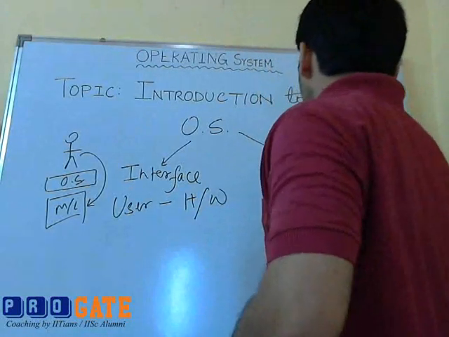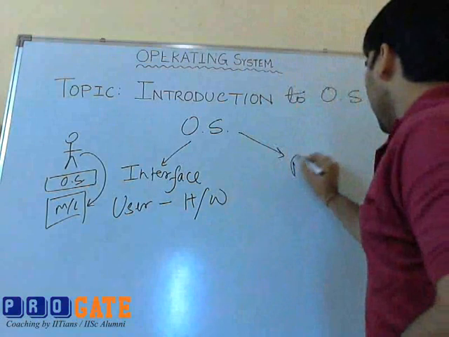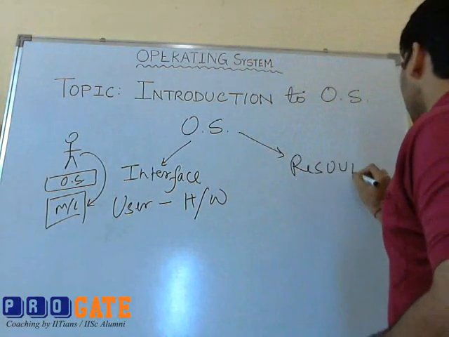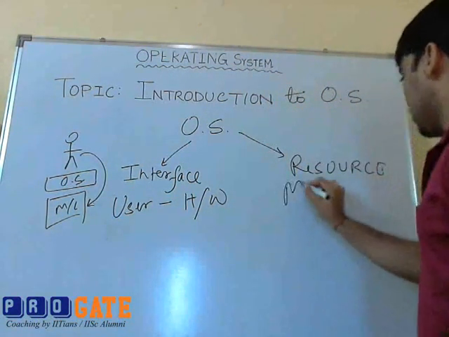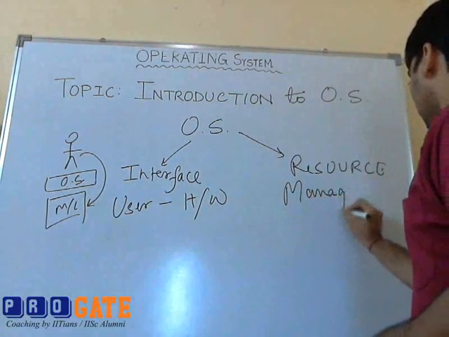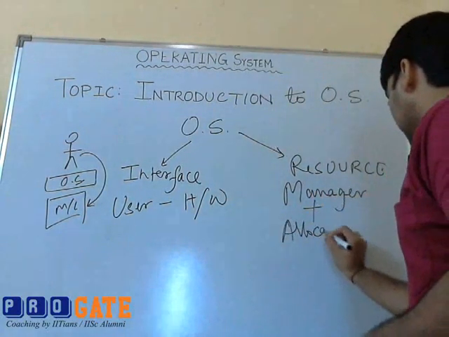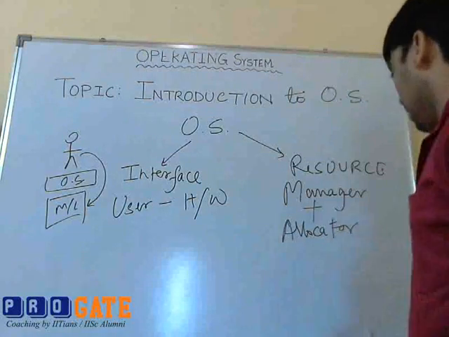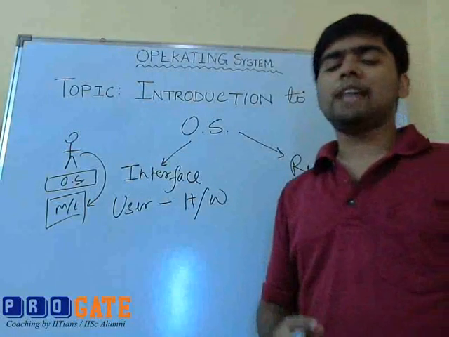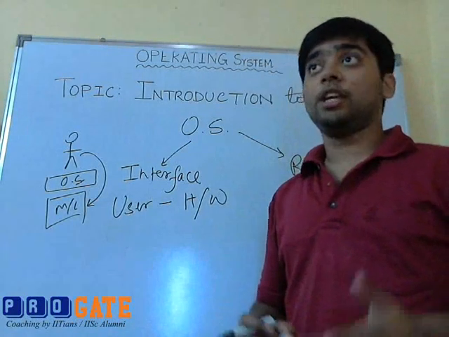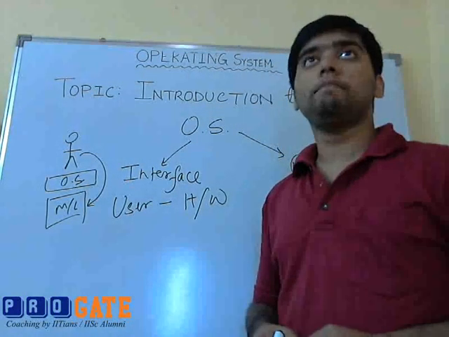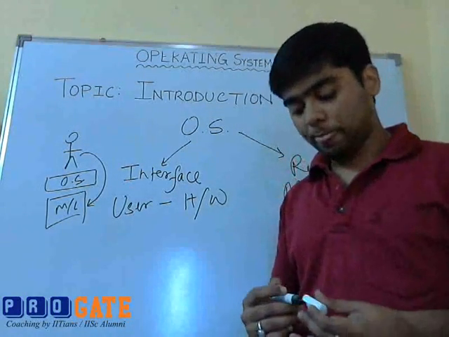Now, the other school of thought says that an operating system is a resource manager and allocator. You see, the computer has a number of resources, like you have the CPU cycles, you have the memory, you have disk space.